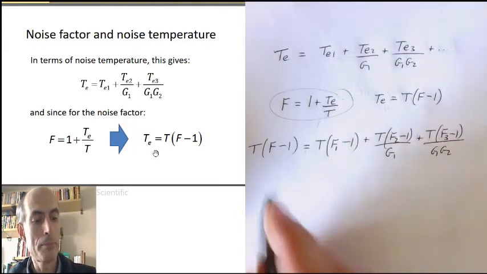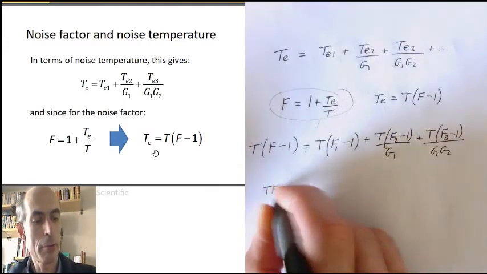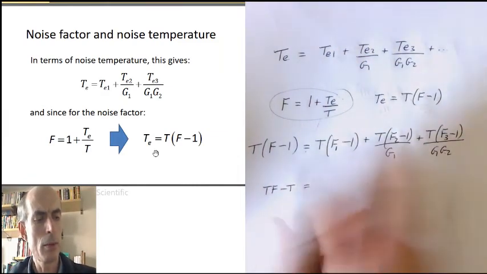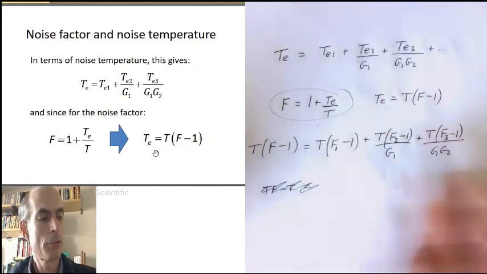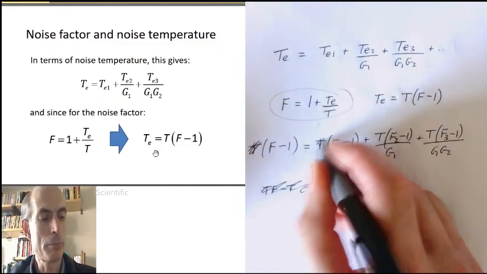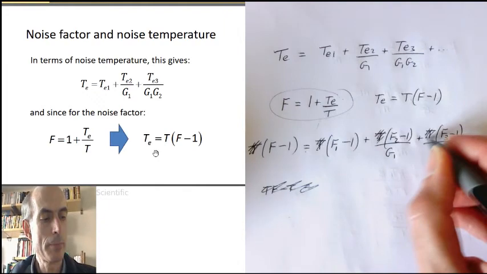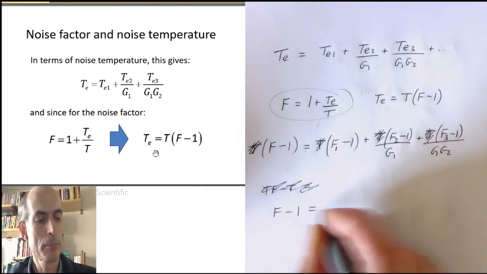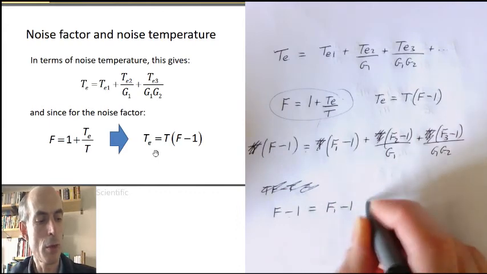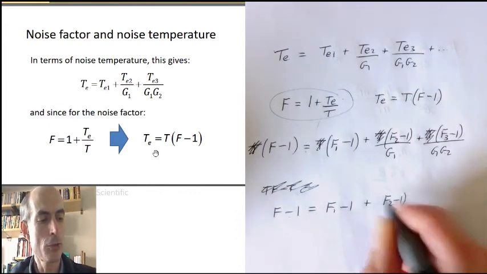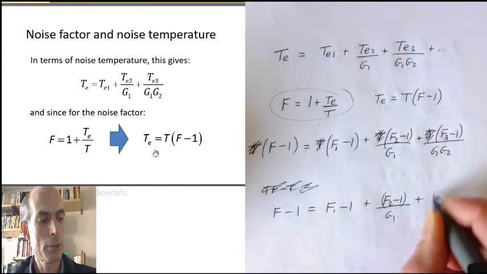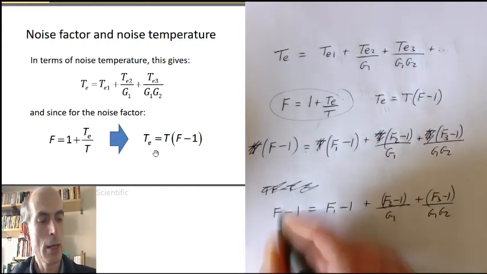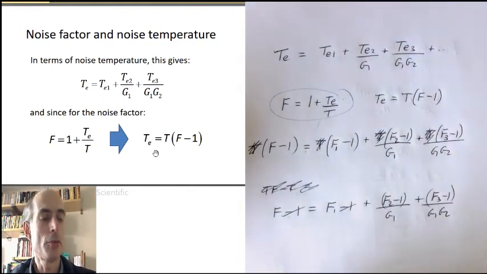This term here ends up being T times F minus T, and this term here ends up being, well, actually, first thing to do, divide every term by the system noise temperature to get rid of the T's. Then note that this term here is F minus 1, and that's F1 minus 1 plus F2 minus 1 over G1 plus F3 minus 1 over G1, G2. And then we can get rid of these two minus 1s. They cancel out.